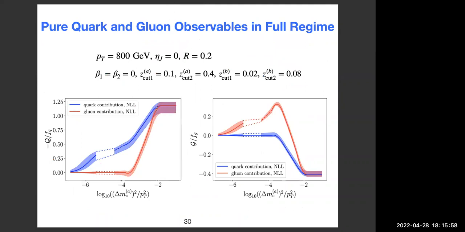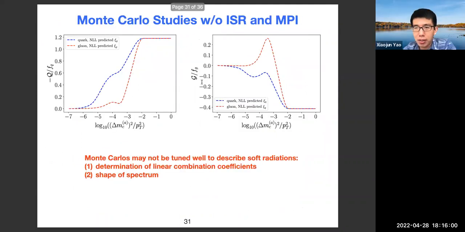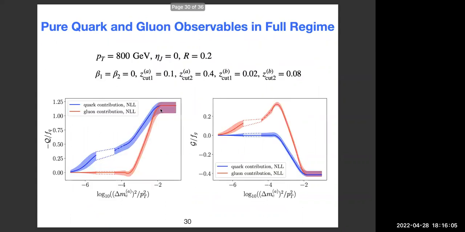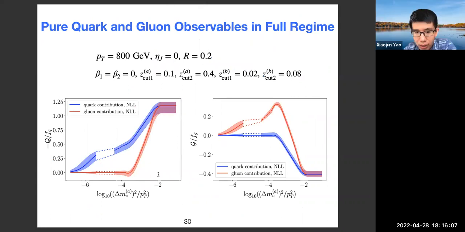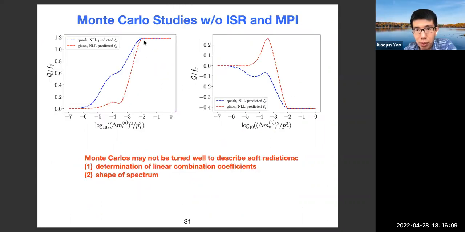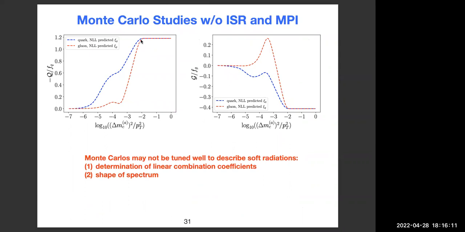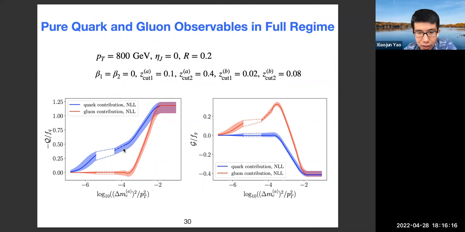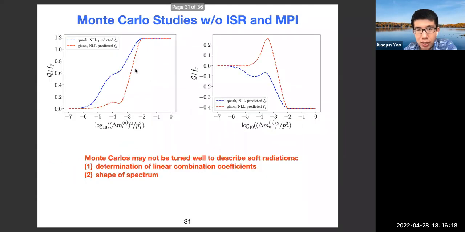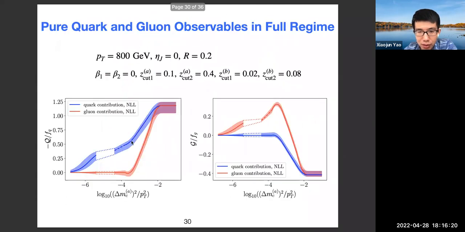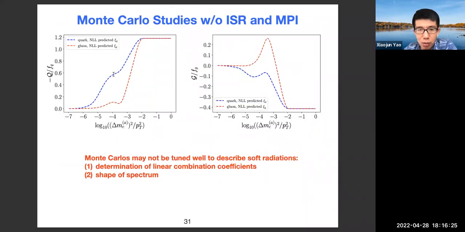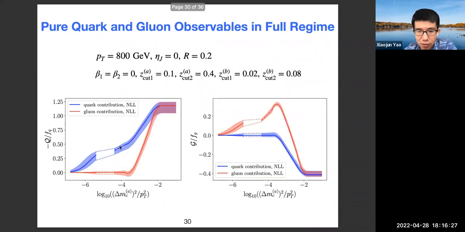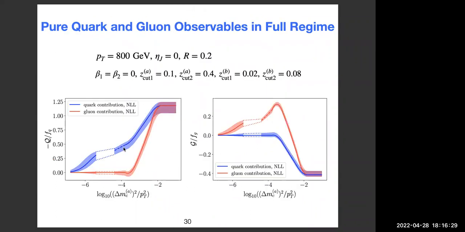So this plot and these plots are using the same kind of linear combination coefficients. Let's see here, it kind of turns around at -2, and that's basically what happened here. And in this plot, the blue curve goes down all the way to -4. But you see there's a kink here. We kind of see that kink, but it jumps too much in the Pythia. That is different from the curves here.